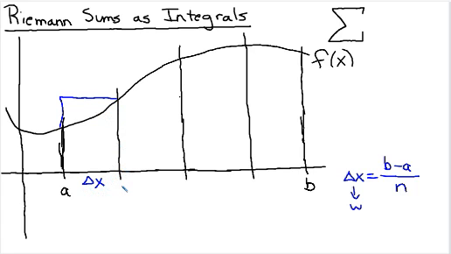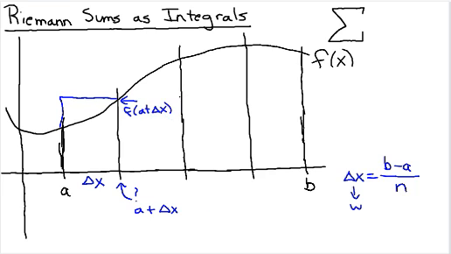What is this x-coordinate right here? This x-coordinate is actually a plus delta x. So this coordinate right here is actually f of a plus delta x.